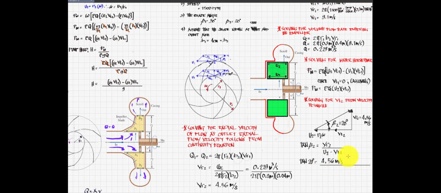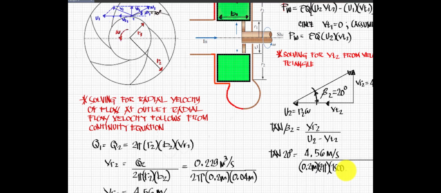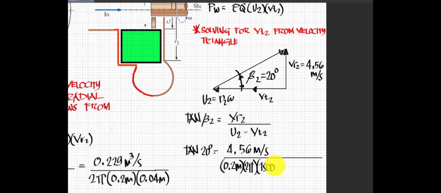Then it is divided by U2, the tangential velocity, which is 0.2 meter times 2 pi times the revolution, 1,500 rev per minute, multiplied by the conversion of 1 minute to 60 seconds. I close the parenthesis, then minus your VT2, the tangential velocity of the fluid flow.